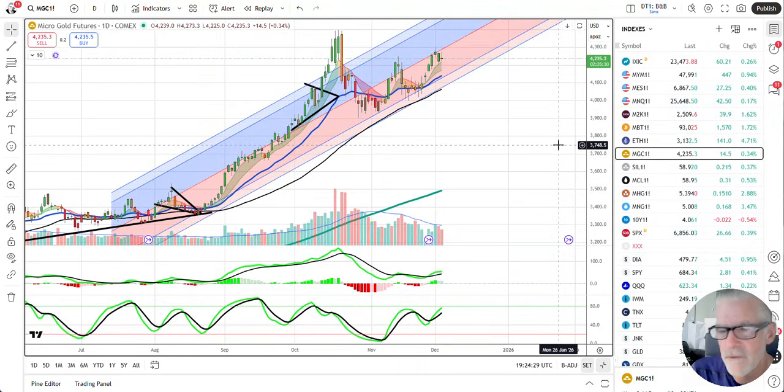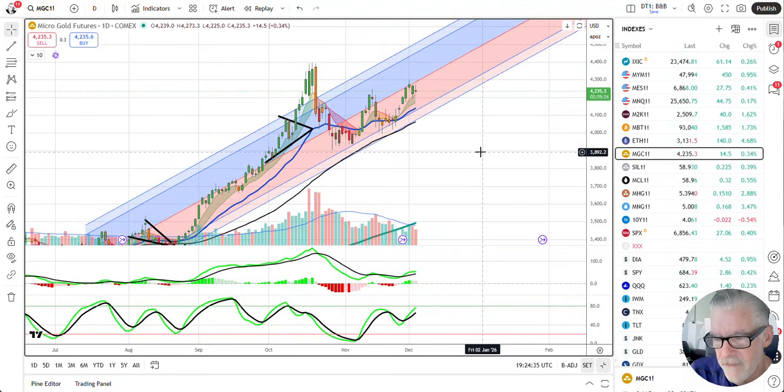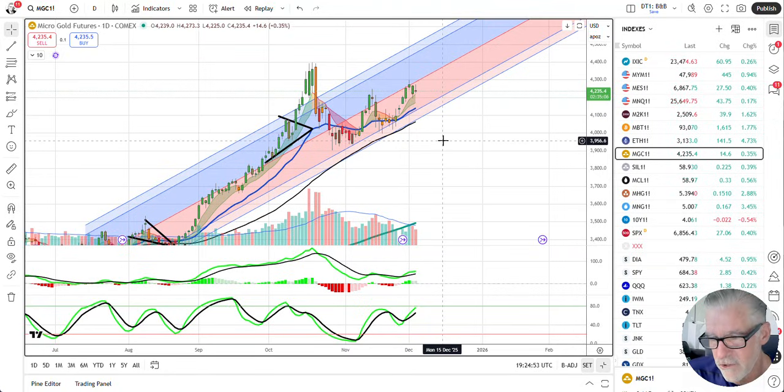Gold, I think, has a good run coming a little bit higher, but I don't think it's going to get too much higher than the 4,400 by the end of the year. So I would say, if you're looking for some real good upside traction that will make you some money, I wouldn't really look at gold. It might also have a leg lower because this high right here relative to this high right here is showing some bearish divergence, and we're starting to see some distribution.